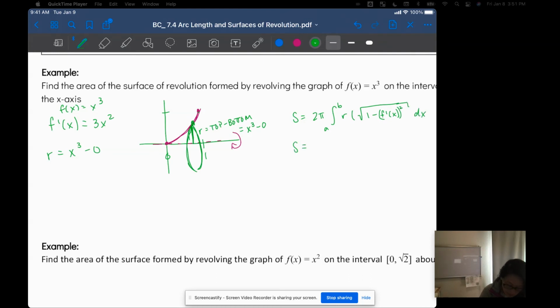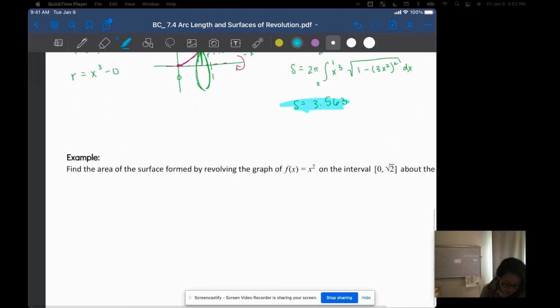So the surface area is equal to 2 pi times the integral from 0 to 1 of x cubed times the square root of 1 plus 3x squared dx. So again, I use my calculator here. The surface area is equal to 3.563.